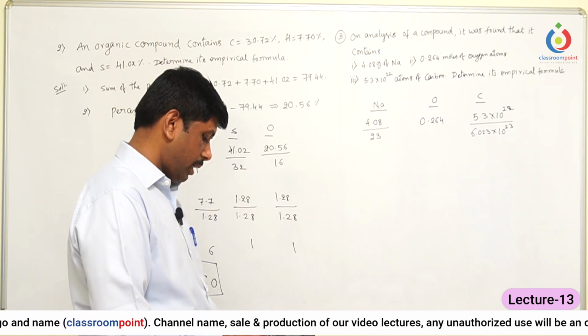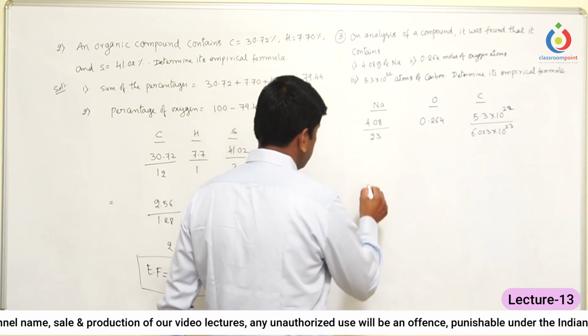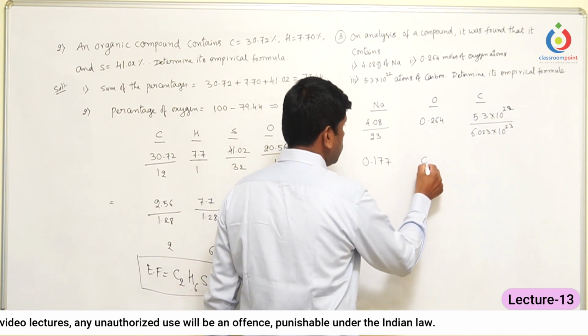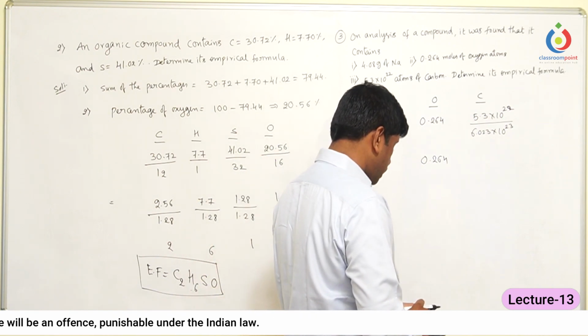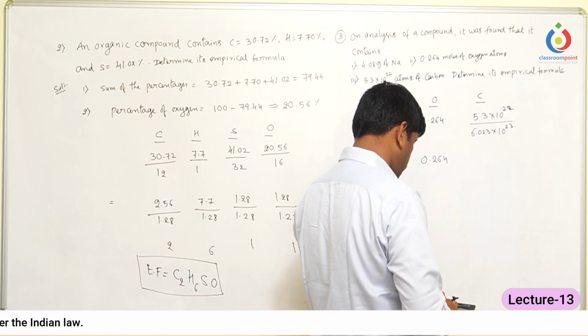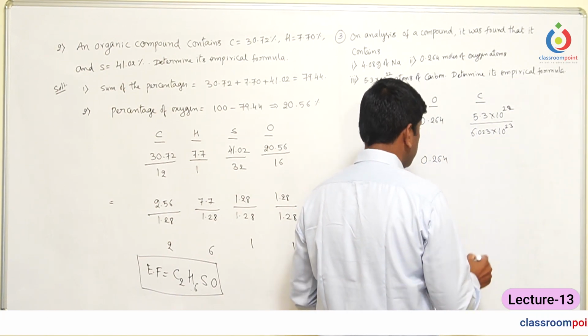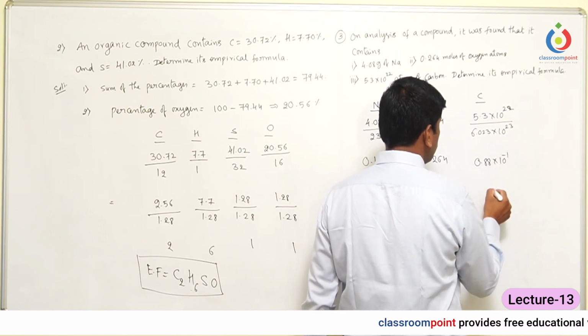So let us see the values in this format. 4.08 divided by 23 is 0.177 moles. This is 0.264 moles, and here 5.3 divided by 6.023 is equal to 0.88, that is 0.88 into 10 power minus 1.